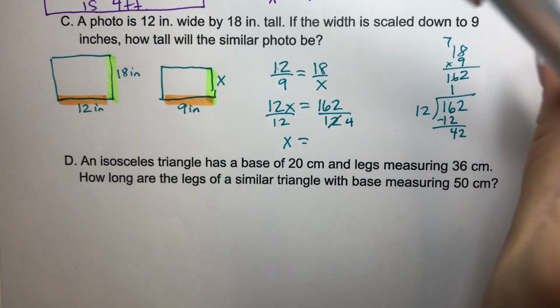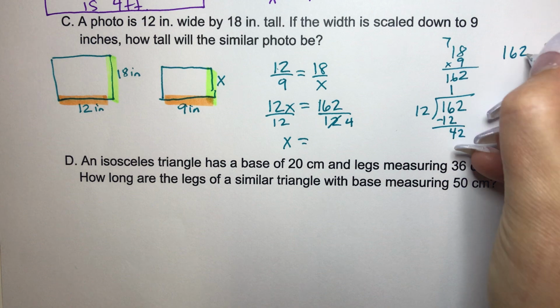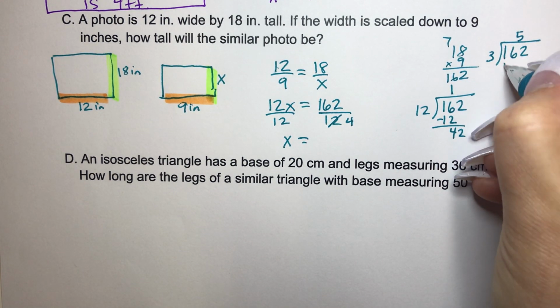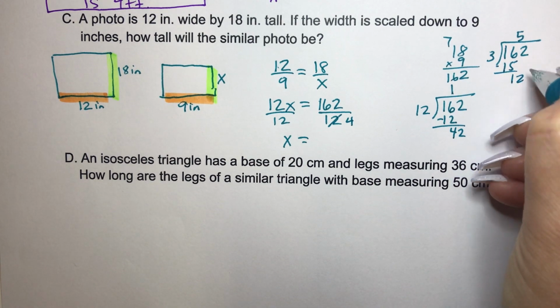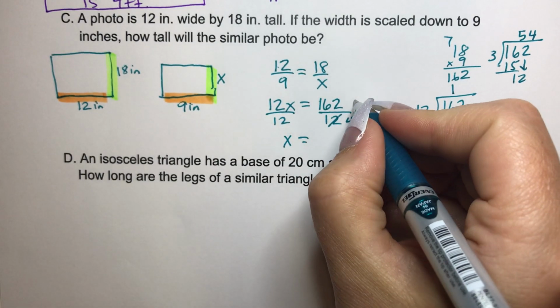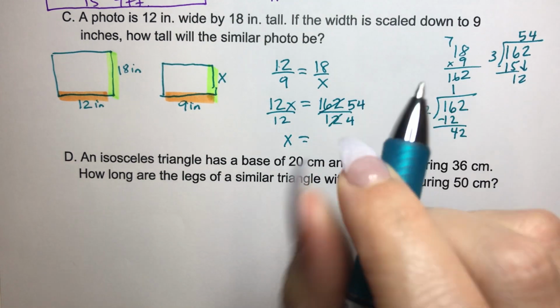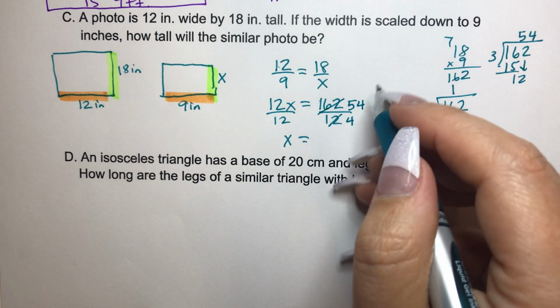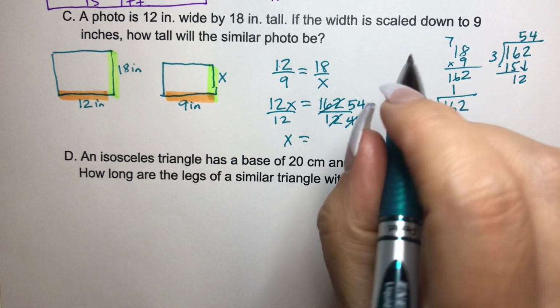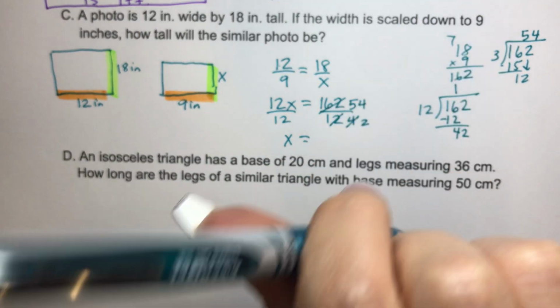Let's see here, 162 divided by 3. 3 goes in there 5 times. 5 times 3 is 15. And then 3 goes into 12 4 times, so we're left with 54. Okay, and I can see that 2 goes into both of these. 2 goes into 4 2 times, and 2 goes into 54.